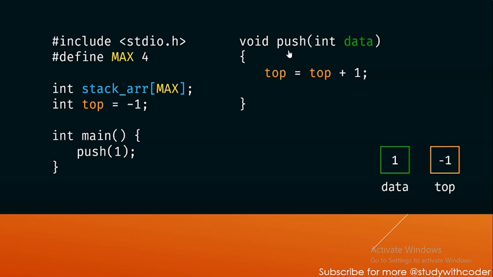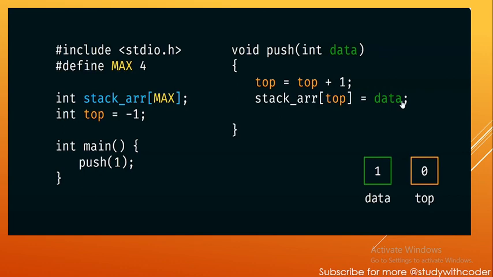So top is equal to -1, and then top is equal to top plus 1, so top becomes 0. At index 0 we insert the element: stack array of top equal to data.